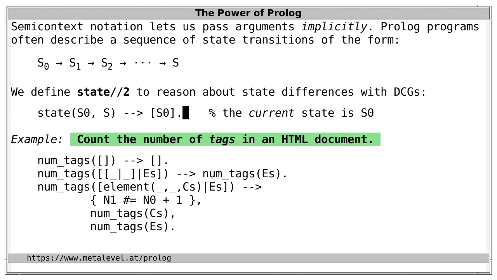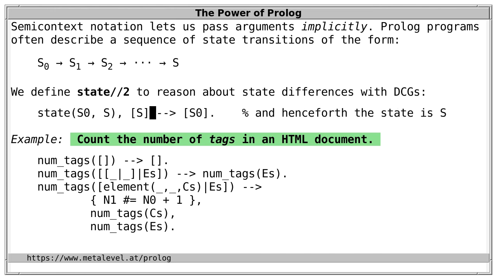So in fact, we're describing a sequence with one element, namely the current state. And we use semicontext notation to express from now on, that is after this rule, the state is s. So procedurally speaking, we remove the current state s0 from the sequence, and we add the next state s to the sequence. So this is our definition. The current state is s0 and the next state is s.